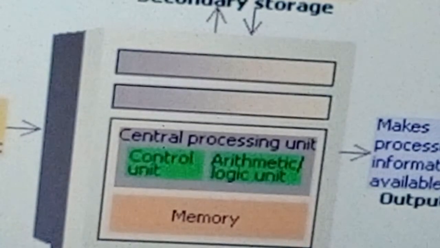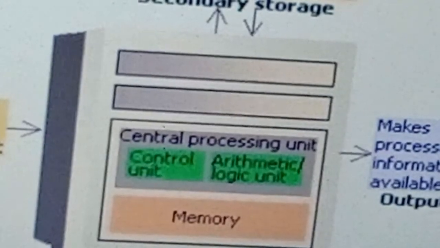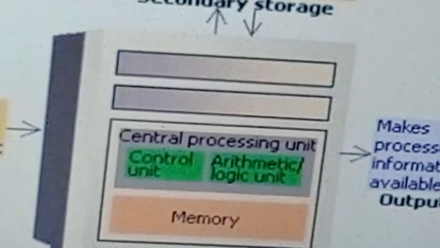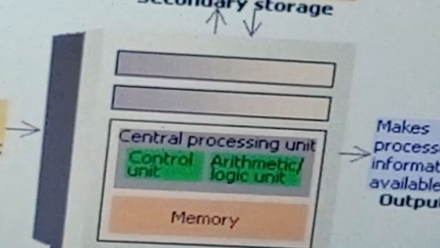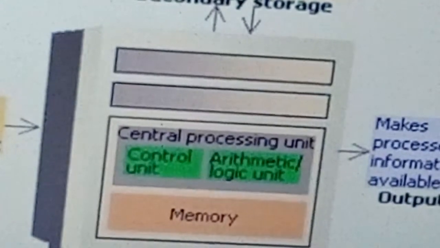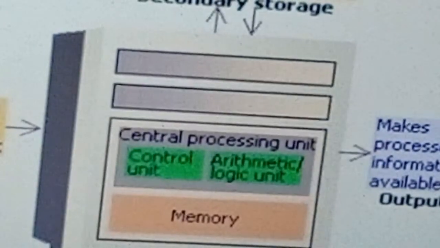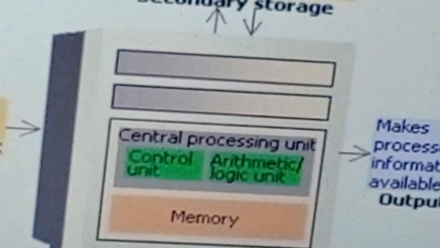Primary memory is the memory of a computer which can be directly accessed by the central processing unit. When we store data in primary memory, the computer can access it and act very fast.